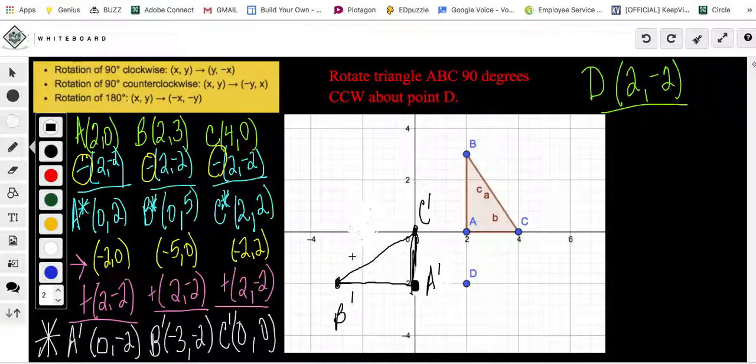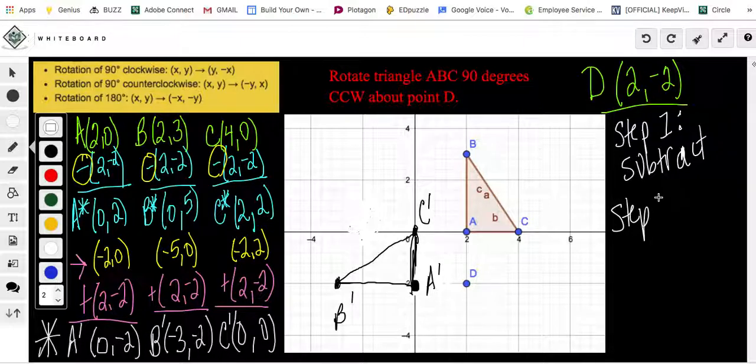If you come up with some kind of triangle or points in a different place and it doesn't look right, then you probably need to start over. So I'm just going to write over here real quick so you remember. So step 1 is you're going to subtract the point that you want to rotate around from the original points.